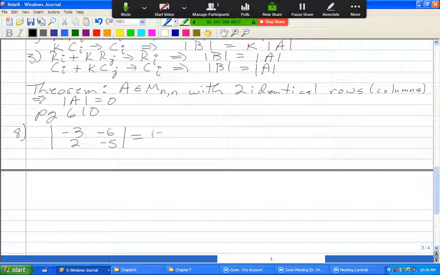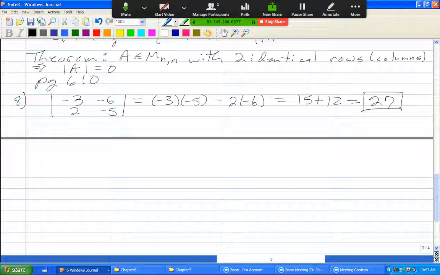So this is going to equal -3 times -5 minus 2 times -6. So that's 15 plus 12, 27. So the value of this determinant is the number 27. So you notice that you're going from a matrix and you're just getting a real number.